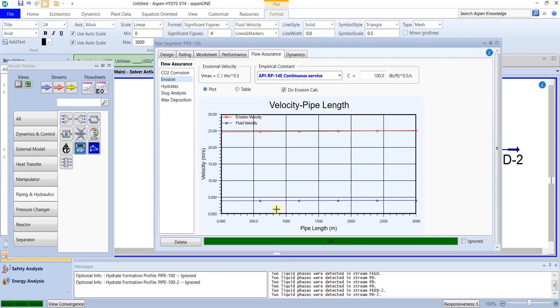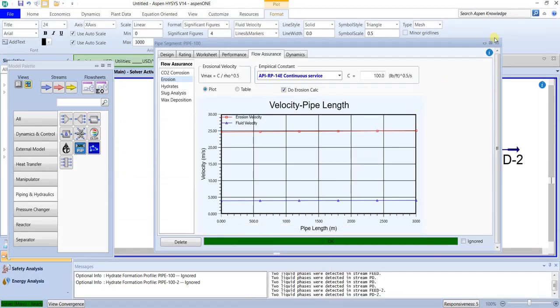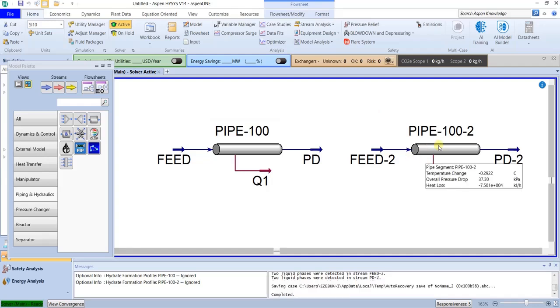So from this particular graph that we have here, erosional velocity is greater than fluid velocity. And based on this, erosion will not occur in this pipe, because erosional velocity is greater than fluid velocity, right? Normally, for erosion to occur, fluid velocity is supposed to be greater than erosional velocity, right? So now we will use the second pipe to illustrate erosion, right? So I will change some of the parameters in this feed stream.